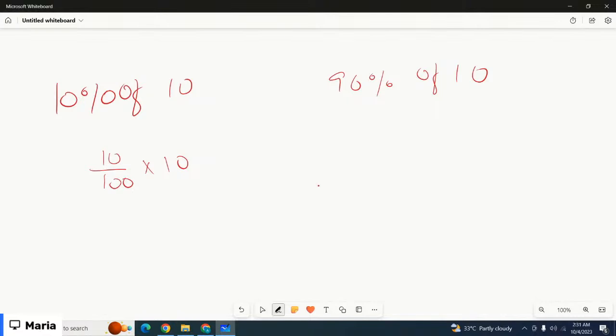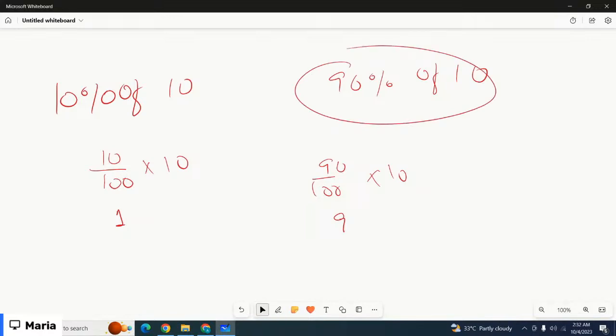When you do calculations, it would be 1. Then 90 over 100 times 10. When you do calculations, that would be 9. So which is more? 90% of 10 is more than 10% of 10.